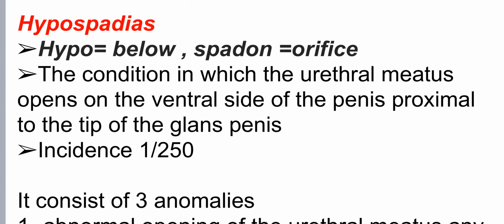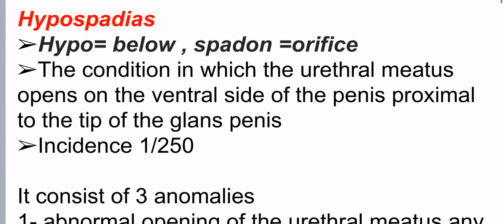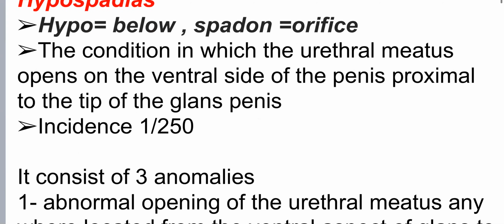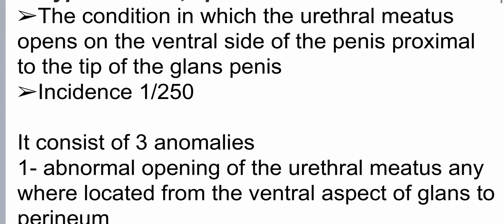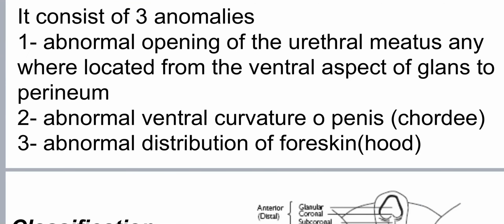called hooded skin. Now let's look at the shape of the penis. It consists of 3 anomalies. Let's see them, guys. Abnormal opening of the urethral meatus located anywhere from the ventral aspect of the glans to the perineum.